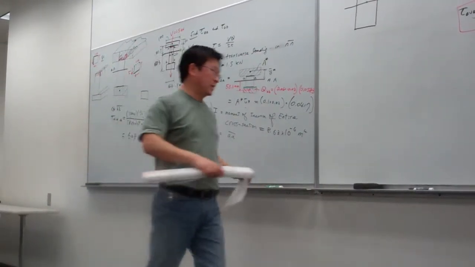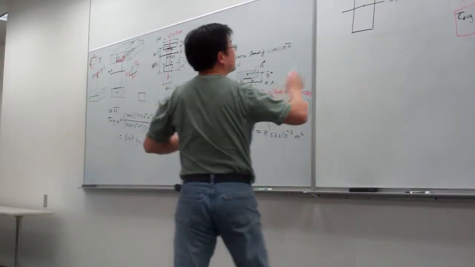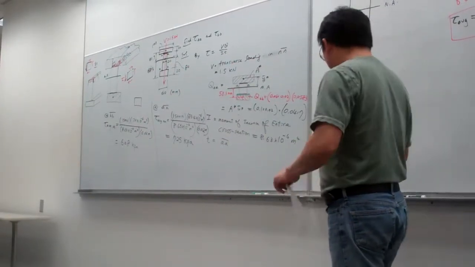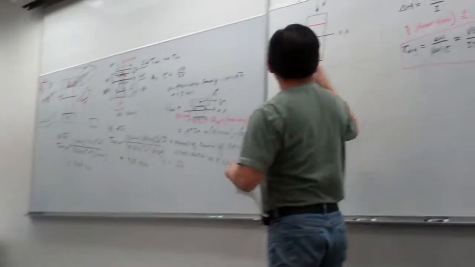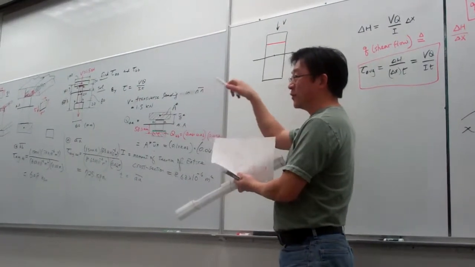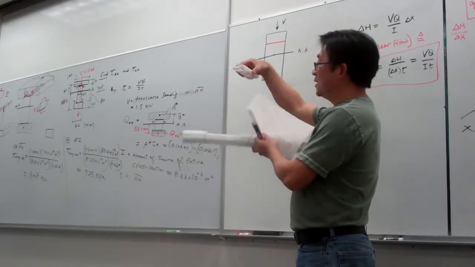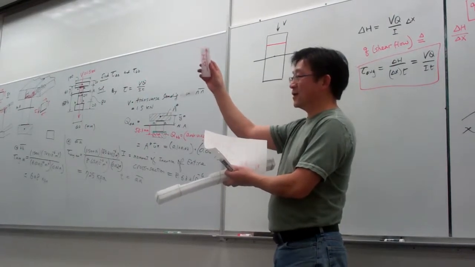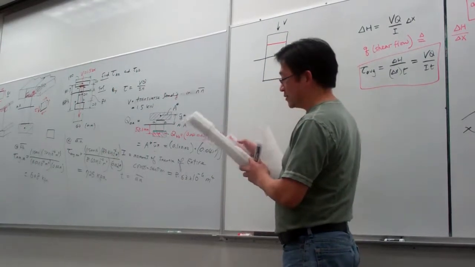What I draw as the red line is the level we are interested in. Actually, what we are interested in is the total force on this side. If I tilt it, it is an interface representing a level there. That is the one we're interested in.